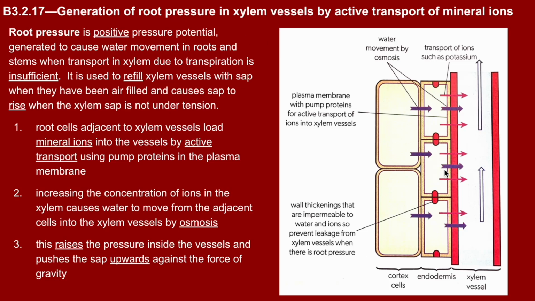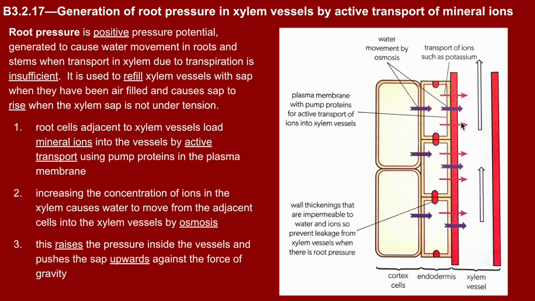The root cells adjacent to xylem vessels are going to use ATP energy to pump mineral ions into the vessels by active transport. So we're going to increase the concentration of solutes using ATP. Now we know that if we increase the concentration of solutes in the xylem, water will then follow by osmosis passively.